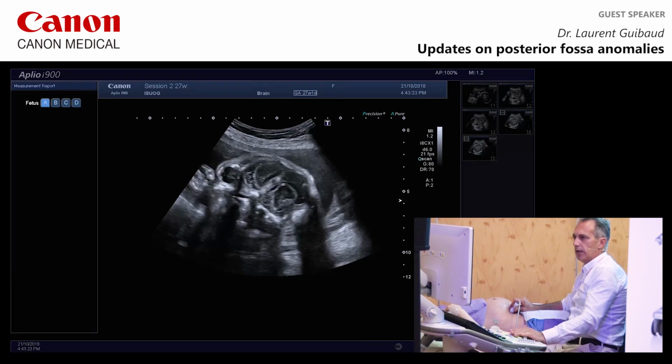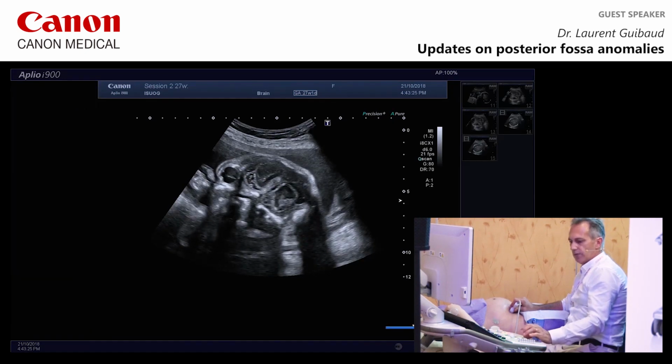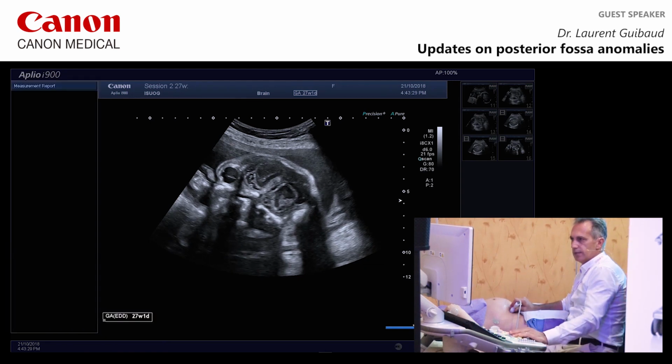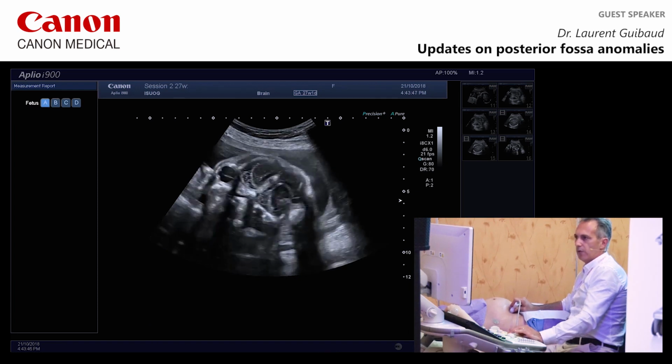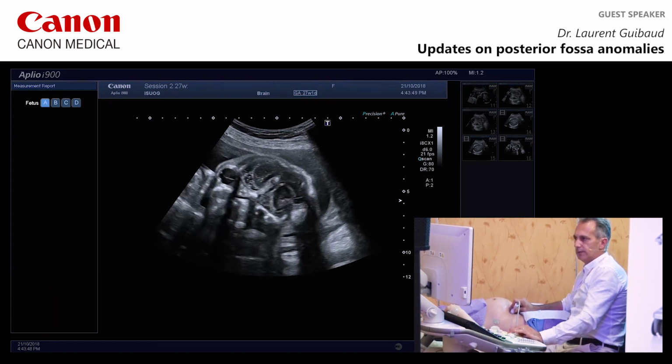You see clearly here that you have this artery, which is typical of the fetus, the hyaloid artery, and this hyaloid artery will disappear around 32 weeks, and remain when you have some kind of microphthalmia.